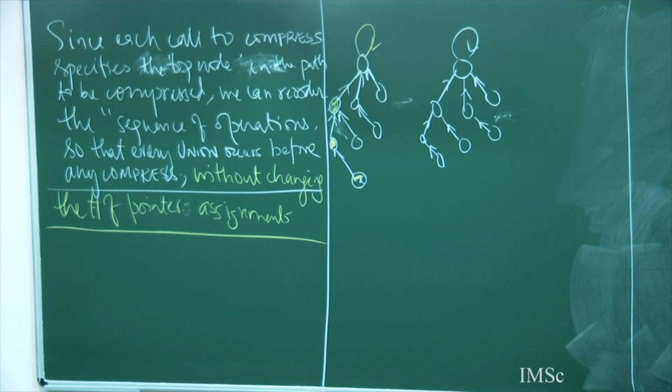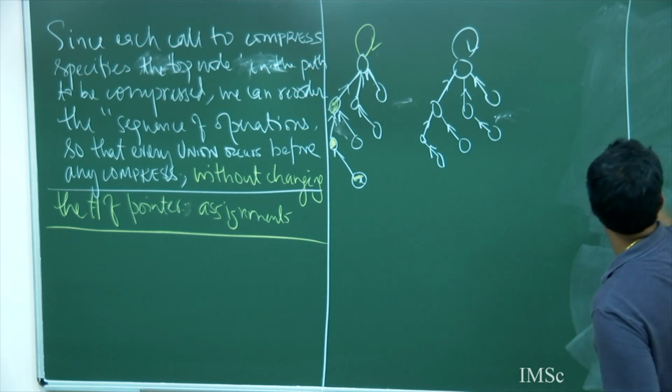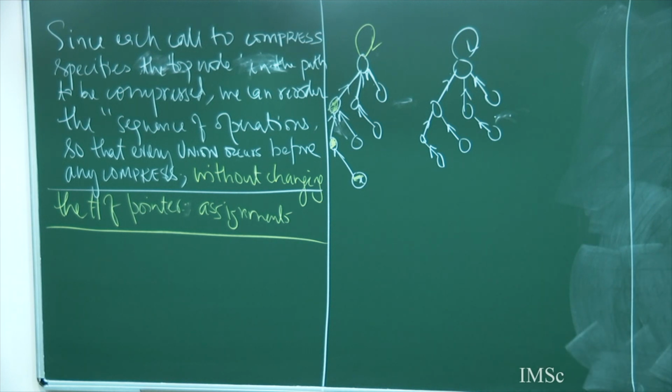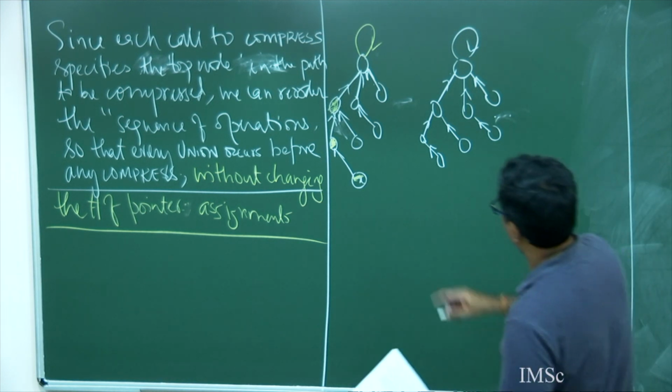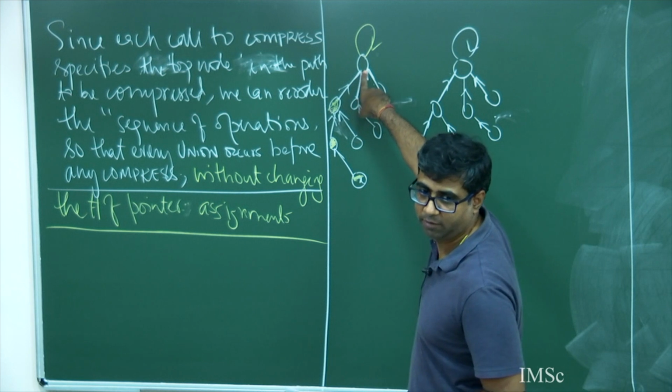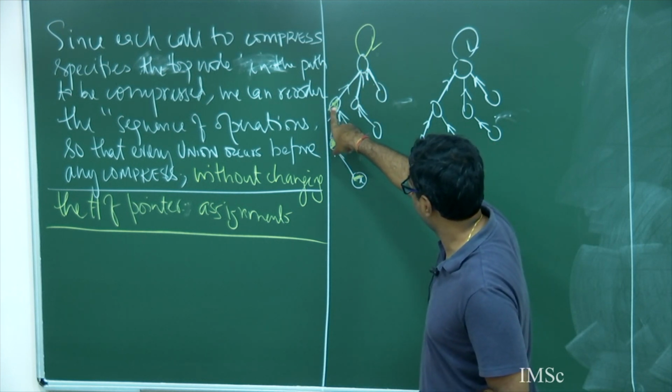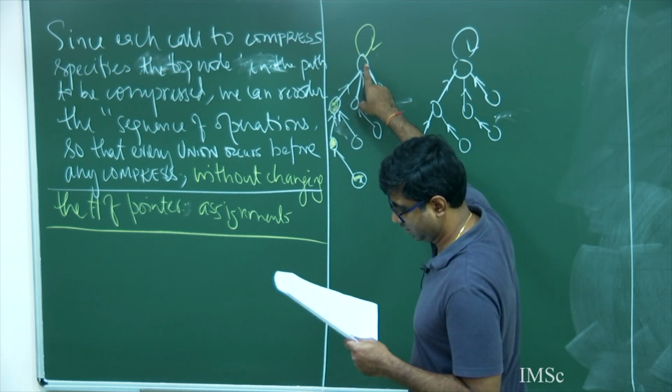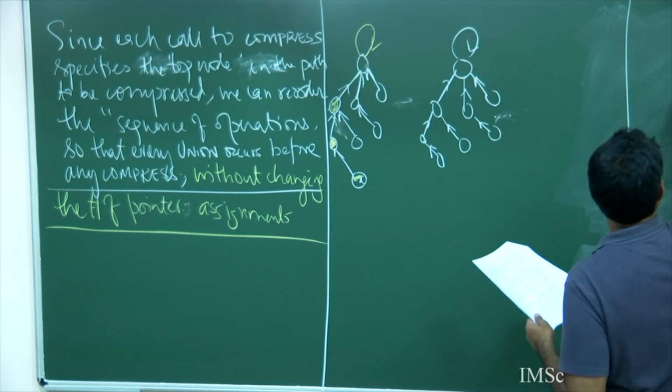This is fine. So first let's do path compression here. So I want to do first path compression here. So what will you get if you do path compression here first? Notice that all these guys will start looking at him because the root of y is this guy. So what will it look like?